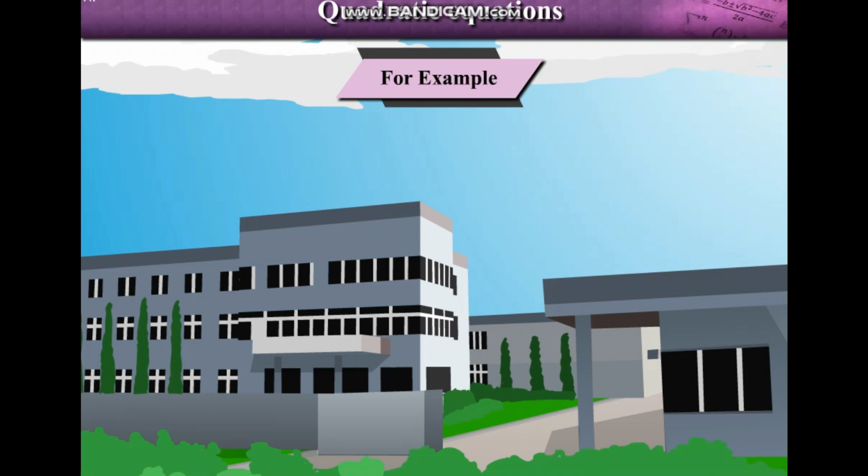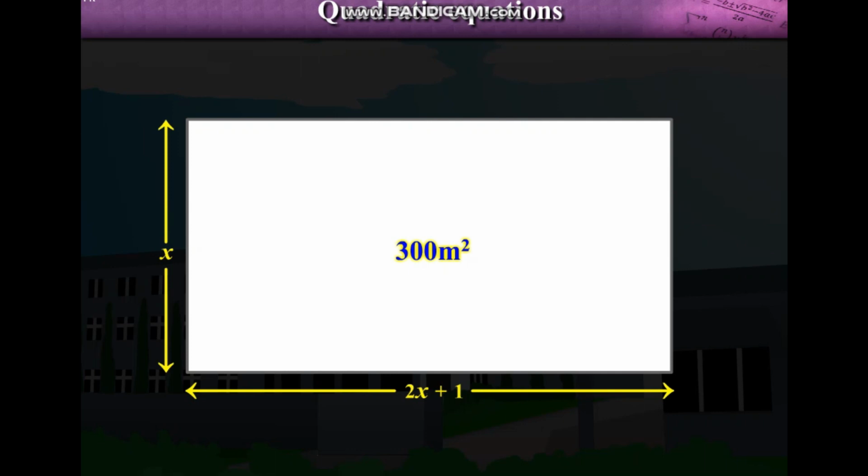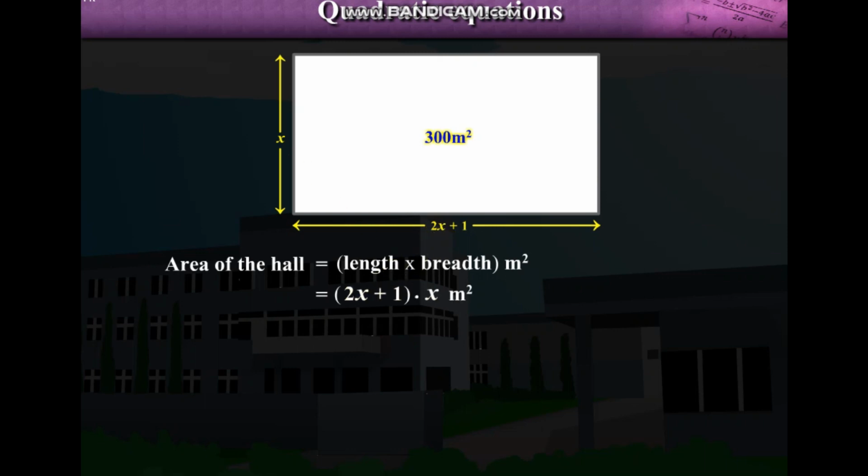Quadratic equations come up when we deal with many real-life situations. For example, consider a charity trust deciding to build a prayer hall having a carpet area of 300 square meters with its length 1 meter more than twice its breadth. Suppose the breadth of the hall is x meters, then its length should be 2x plus 1 meters. Now, area of the hall is equal to length multiplied by breadth, which is 2x plus 1 multiplied by x, which is equal to 2x square plus x meter square.